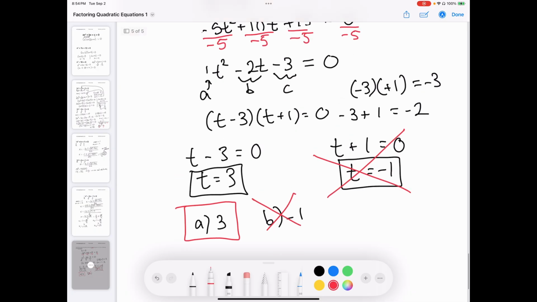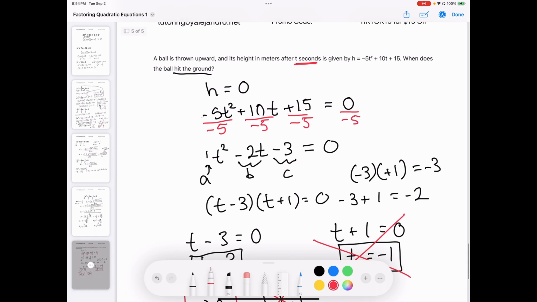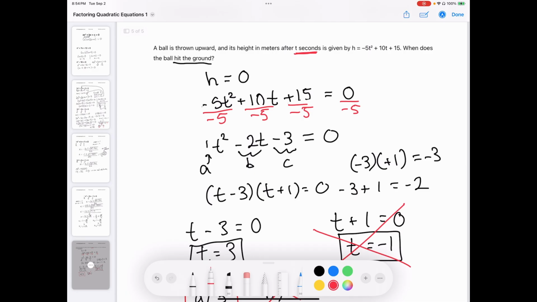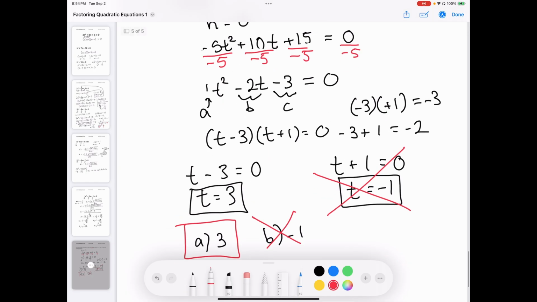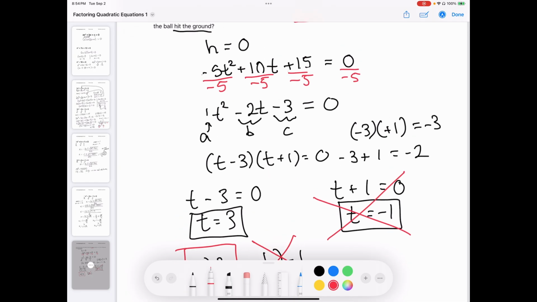In the previous video, I solved a very similar problem using the quadratic formula. This one can also be solved using the quadratic formula, but if you compare the times, you'll notice that factoring saved us some time here. So it came in handy. So how do you decide which method to use?